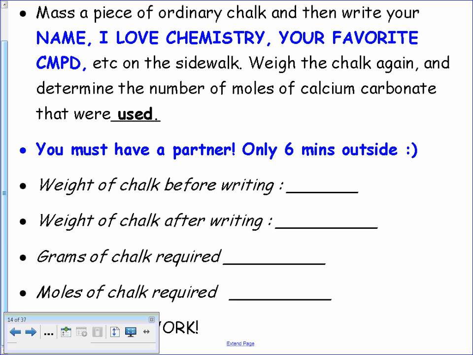Yep. Now, I'm saying it's part of the mole.